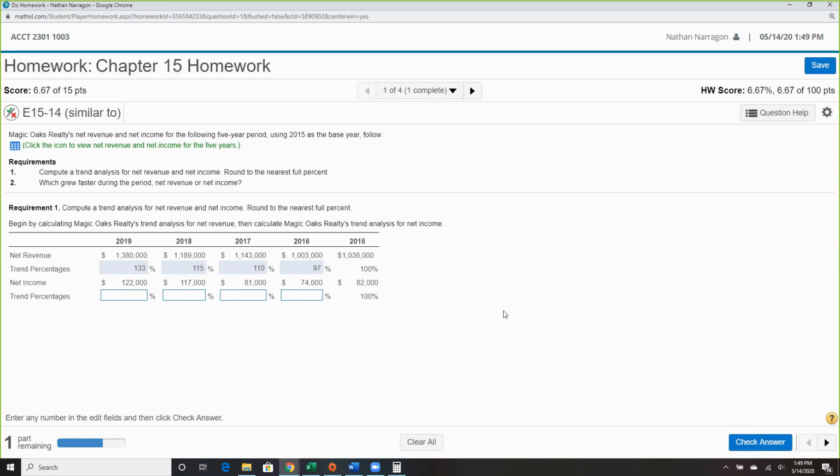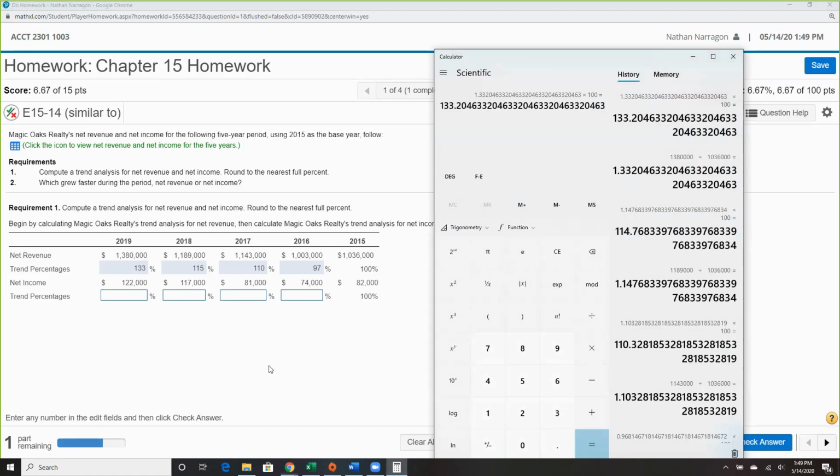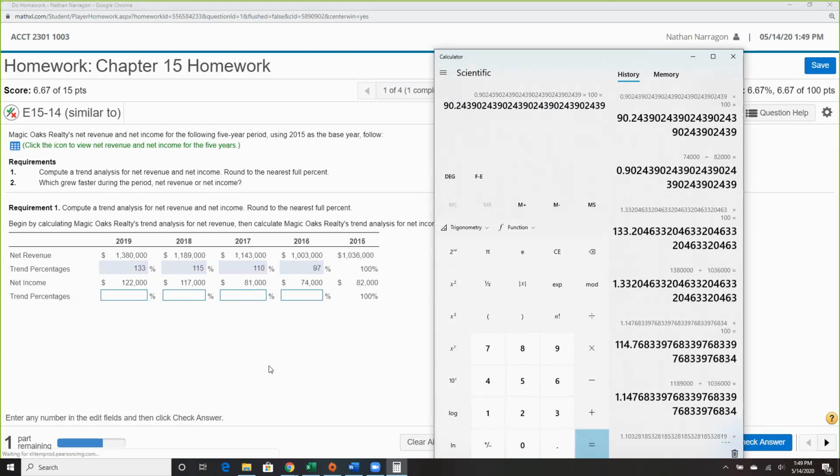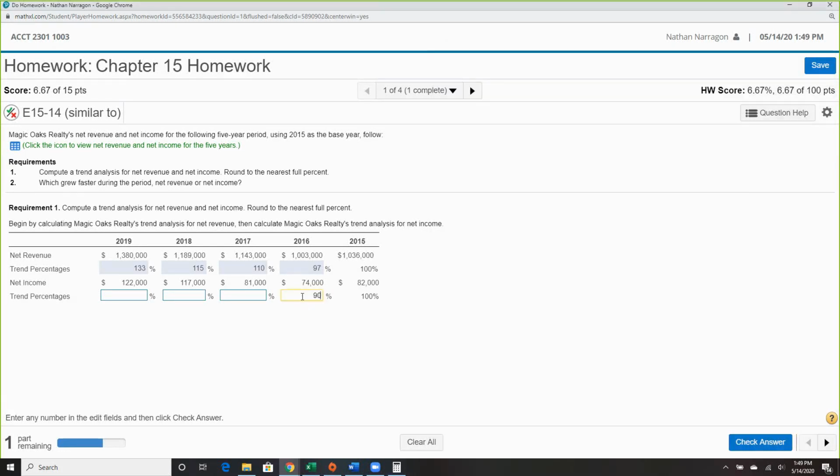Now they want you to do the net income. So we're looking at net revenue, which is basically net sales. Now we're looking at net income, and we're going to do the same thing for this problem. So, 74,000 divided by 82. Okay, so I'm looking at 90%.